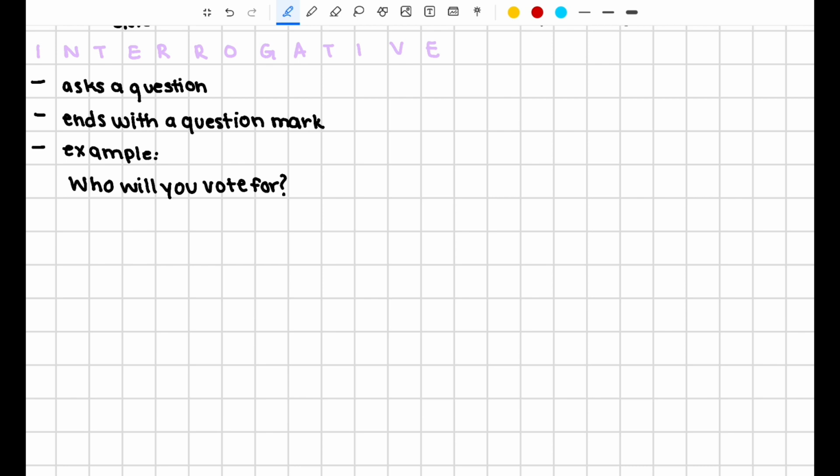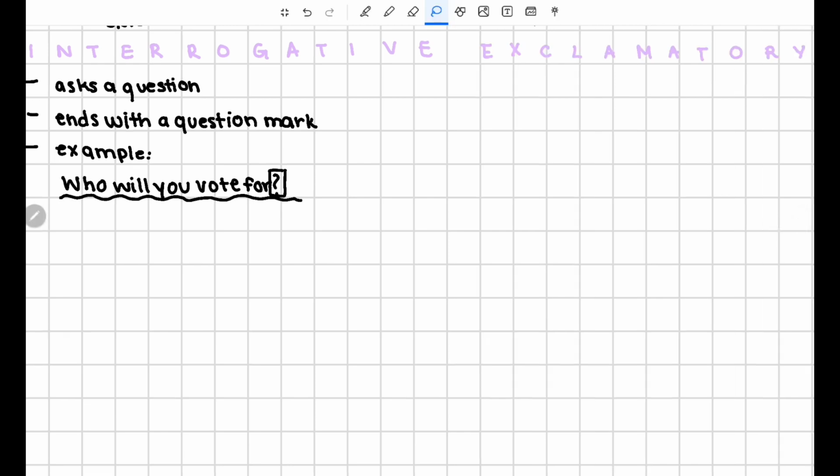Technically, it may sound like a question, but it's still a statement because I'm declaring that I'm wondering that. It is only interrogative if it is a direct question. And that's where the question mark comes in: if it doesn't have a question mark, it's not interrogative.